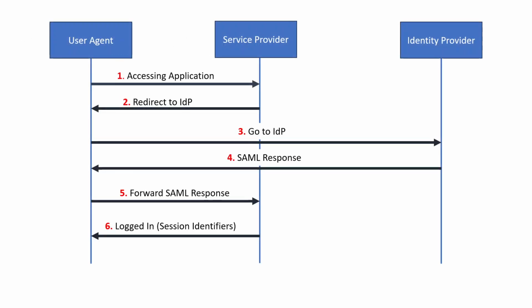Now let us talk about SAML response dissection. So you remember we talked about that we will be getting the SAML response from the identity provider, and this SAML response would get forwarded to the service provider after successful authentication. So what does this SAML response contain?